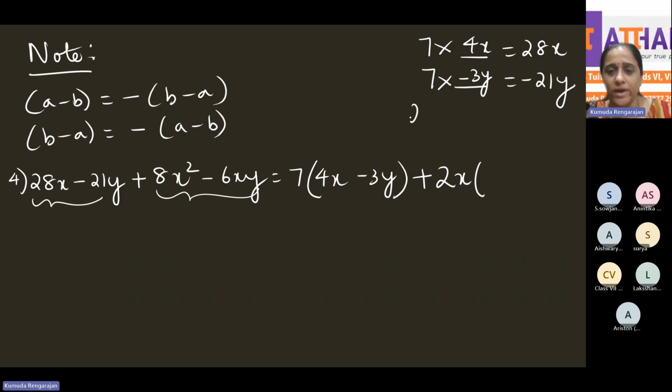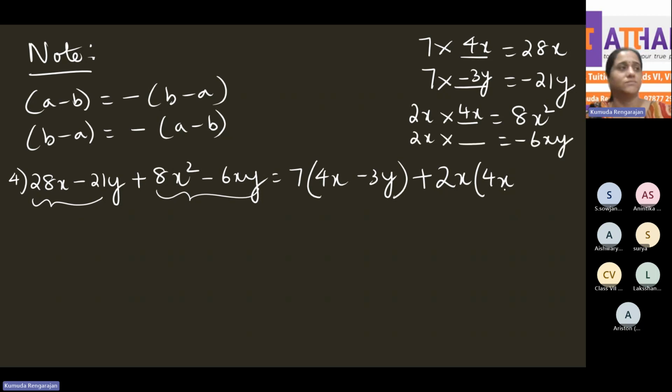Now the HCF 2x into what will give us the third term, 8x squared? 4x. The HCF 2x into what will give us the last term, minus 6xy? Minus 3y. So here we see that the expression in the two brackets is the same.